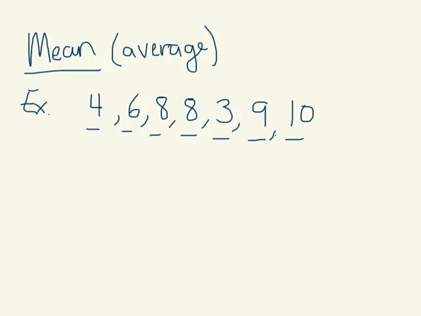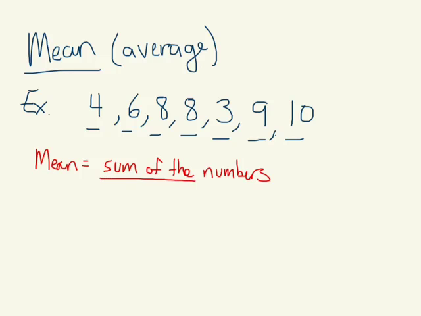And this would be how we would go about finding the mean. Okay, so the mean is equal to the sum of the numbers. So sum, we mean adding. Okay, and then we're going to divide that by the number of numbers.